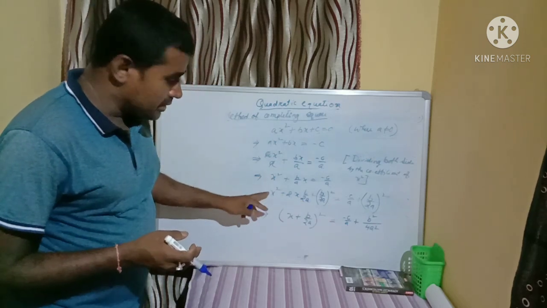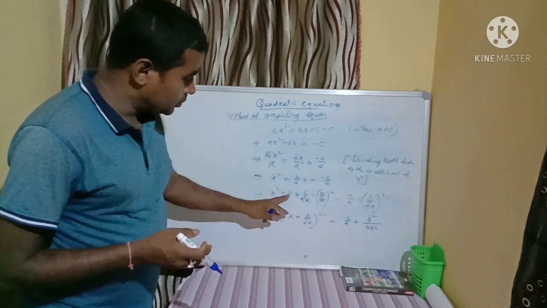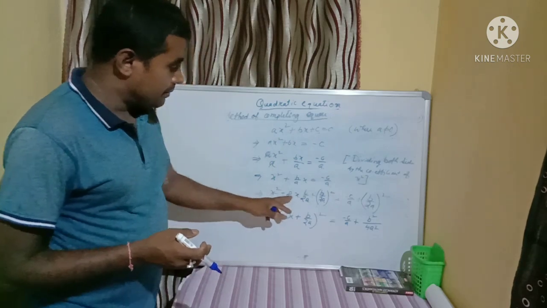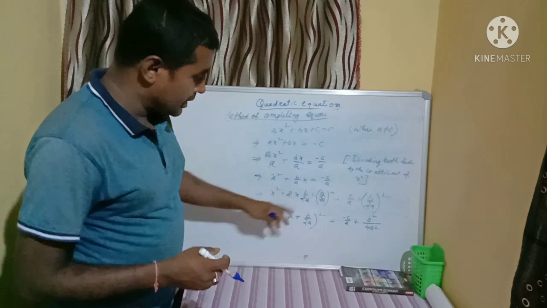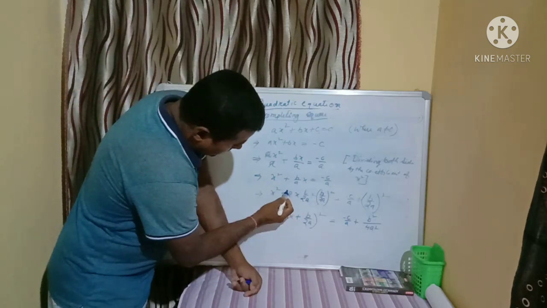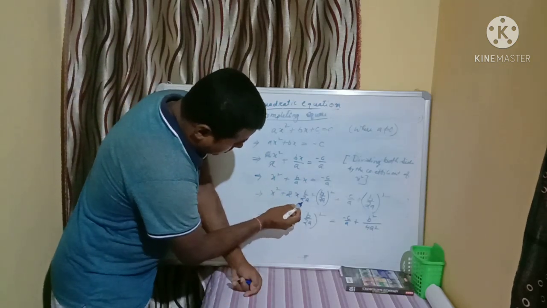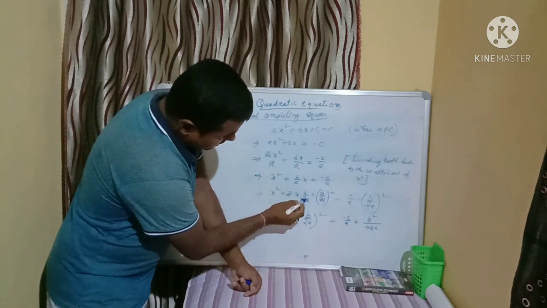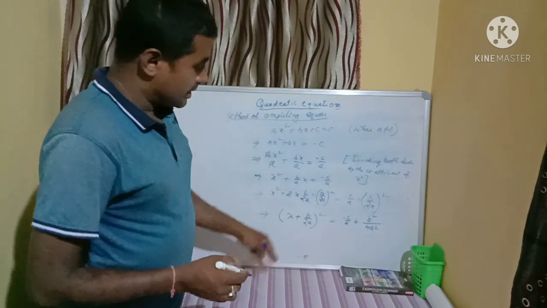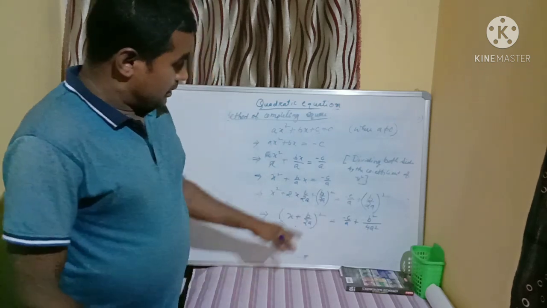How do we make it? x square means a square, plus 2a means x, and b is b by twice a. So you see, you can cancel 2 and 2, and then it becomes b by a times x, then b square.